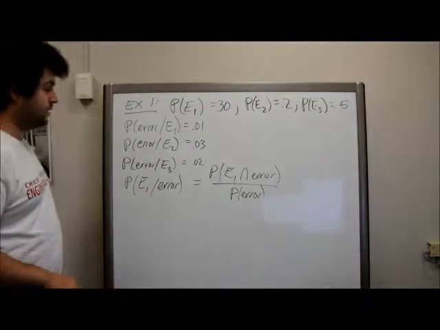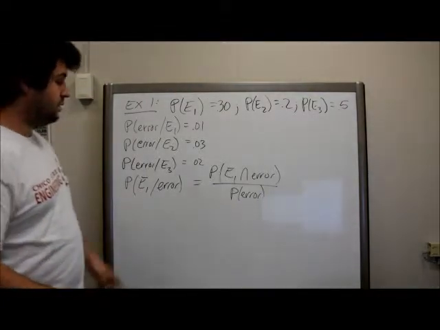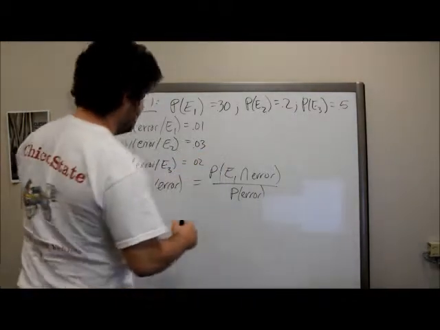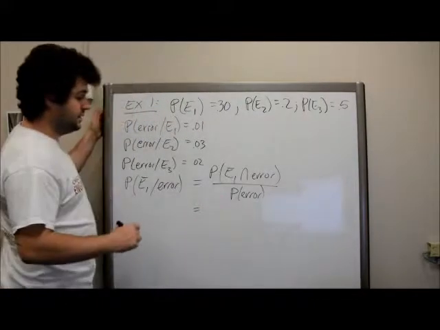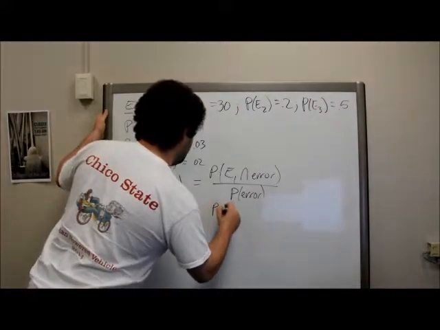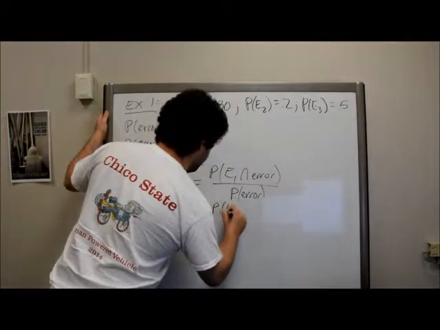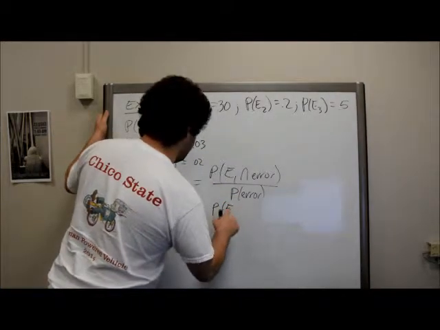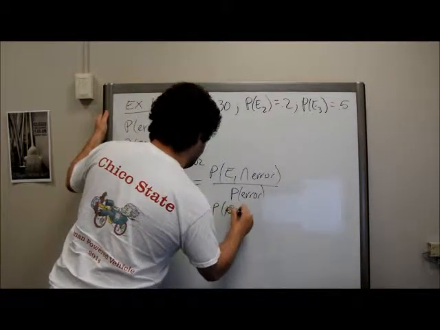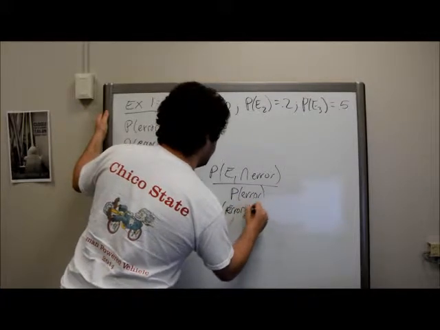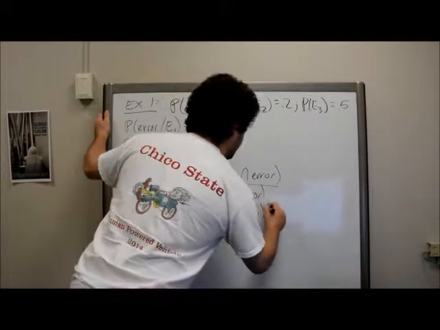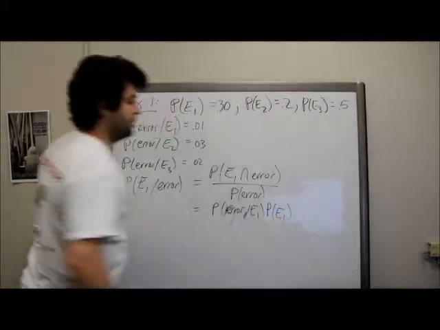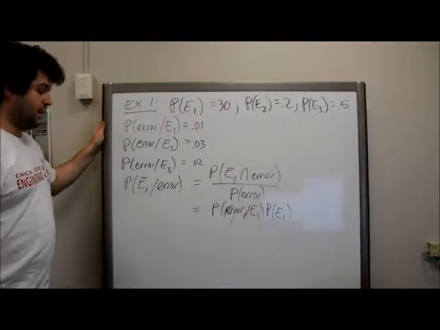And for the numerator, conditional probability says that it's the probability of error given engineer 1 times the probability that engineer 1 made the bid.